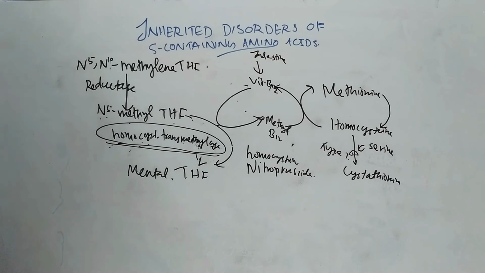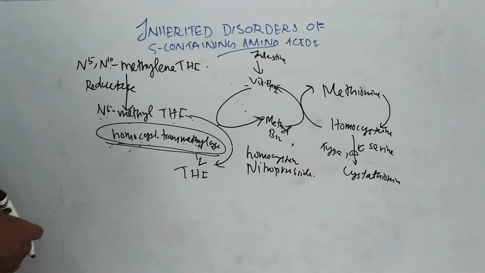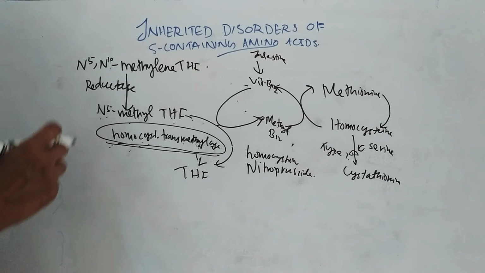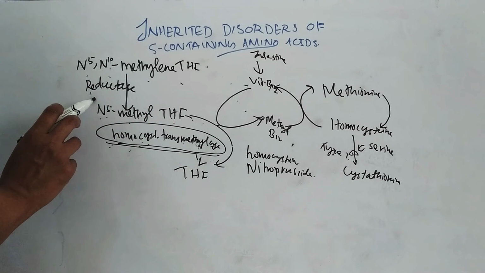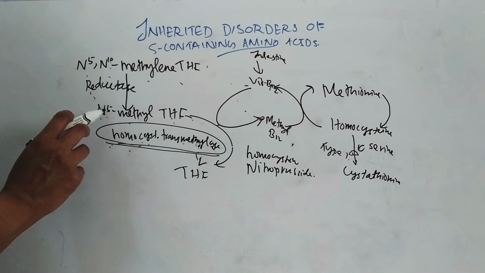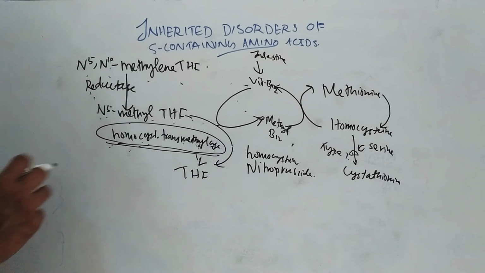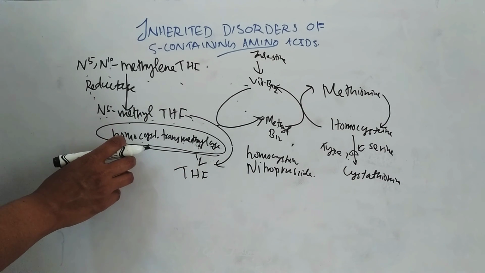Then homocystinuria type 3 is also an autosomal recessive condition. Here the enzyme defect is N5,N10 methylene THF reductase. So N5,N10 methylene THF cannot be converted to N5 methyl THF. So further reactions cannot take place.